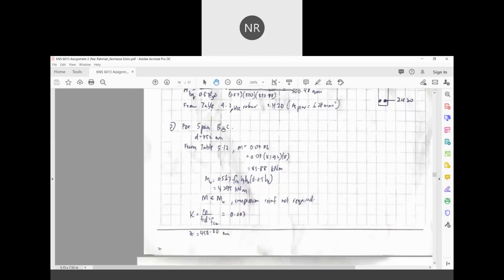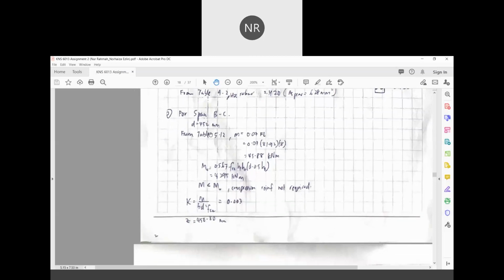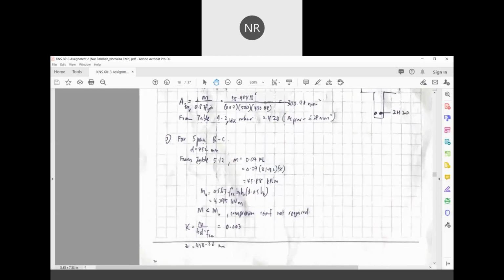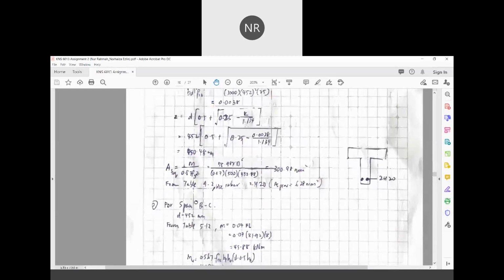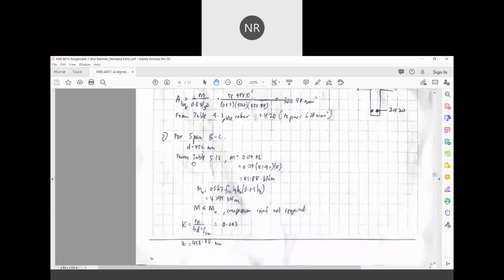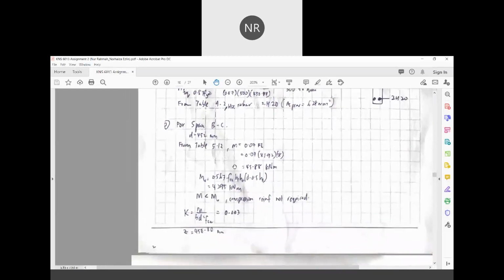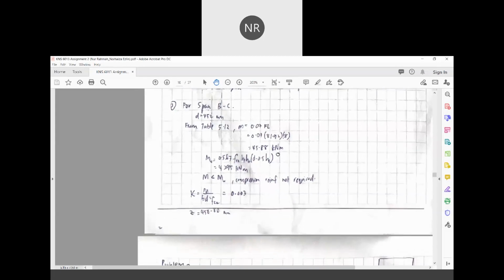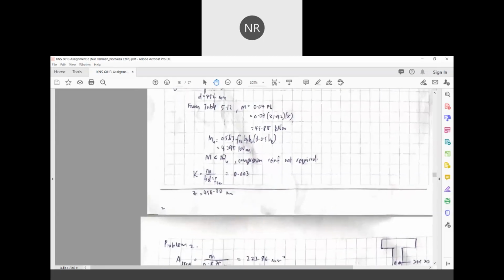Then for the span BC, with the same steps as the previous calculation, you can get the value of moment as 429.